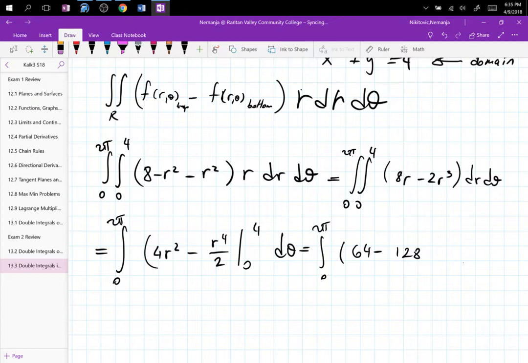Who cares, right? Easy. 4 to the 4, that's 256. And then you cut that in half, you get 128, good. And then minus 0, everything dies. d theta, 0 to 2 pi. Ooh, I don't like this. Negative 64.